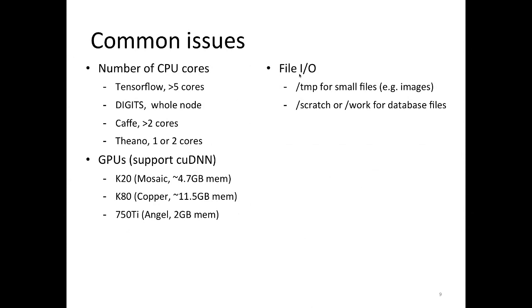If you want to do the pre-processing and prepare the data file, you'd better use temp to get the best performance, because your home and work directories are remote. All the files have to go through the network to get into the cluster, so it will be very slow when you are handling small files.